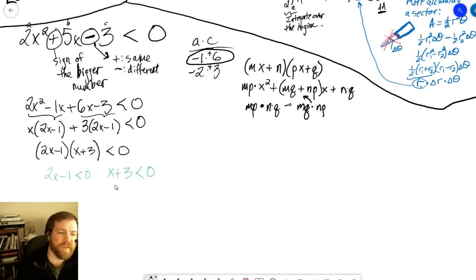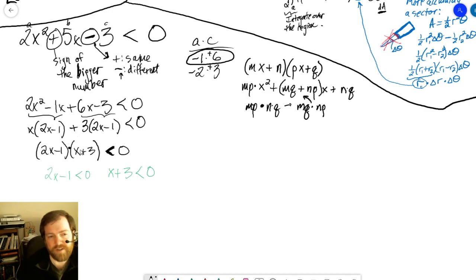So yeah, you have to be very careful when you do this, because looking at this, this is the product of two numbers, 2x minus 1 and x plus 3, which is getting us a product which is less than 0. Well, if a product is less than 0, then that means that the signs were different. We just did that up there.